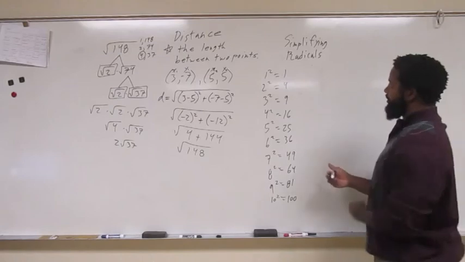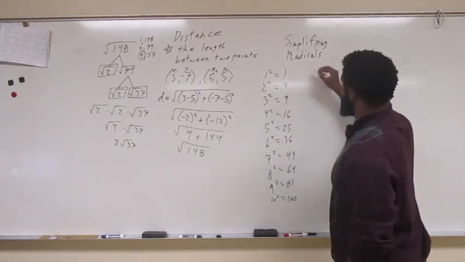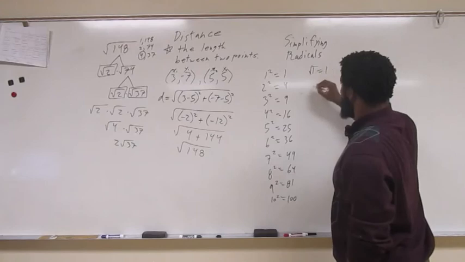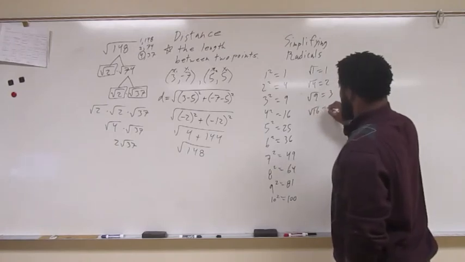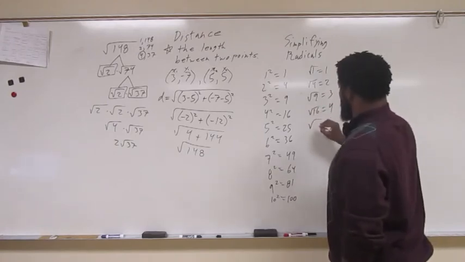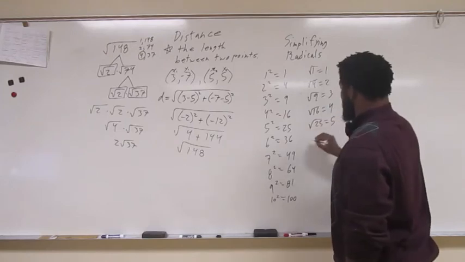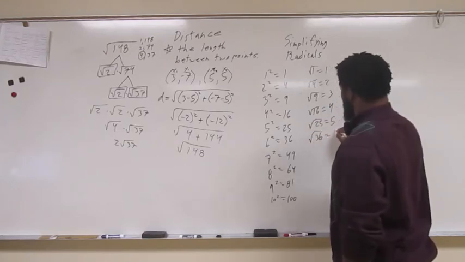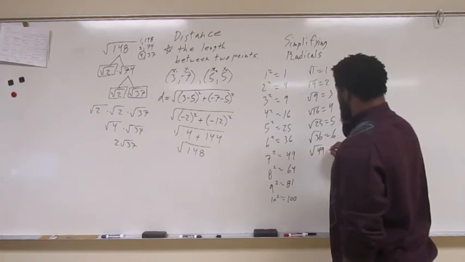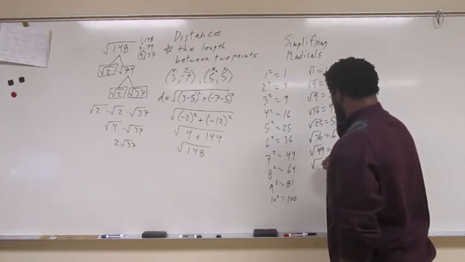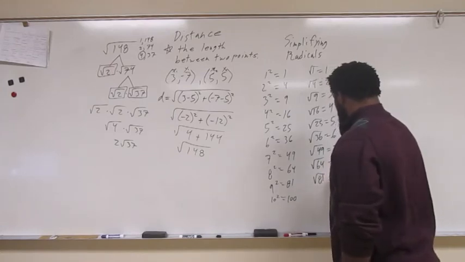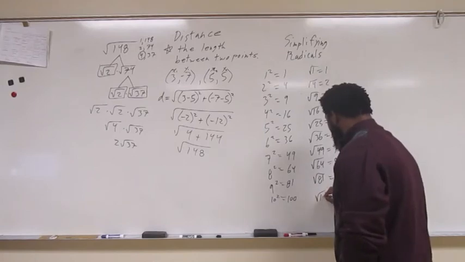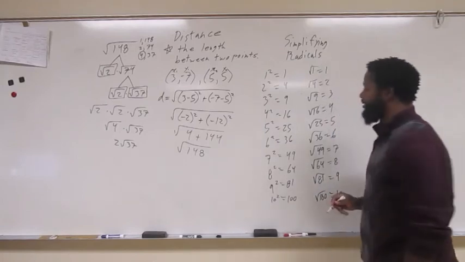And then you have the flip side, which is the square root of 1 is 1, square root of 4 is 2, square root of 9 is 3, square root of 16 is 4, square root of 25 is 5, square root of 36 is 6, square root of 49 is 7, square root of 64 is 8, square root of 81 is 9, the square root of 100 is 10, okay?